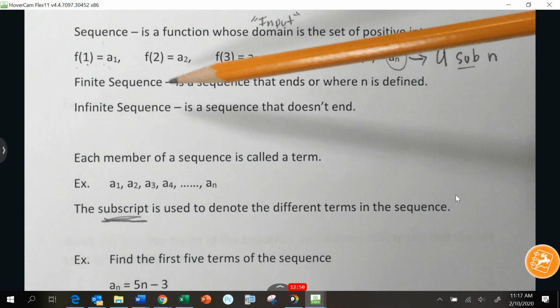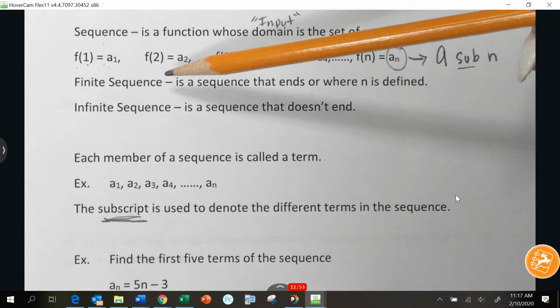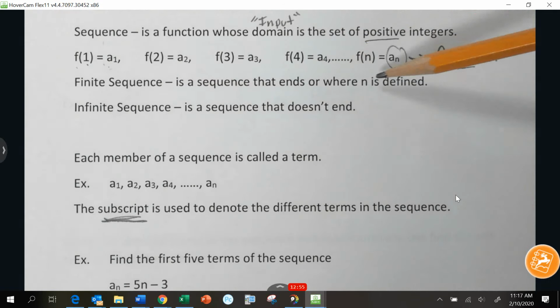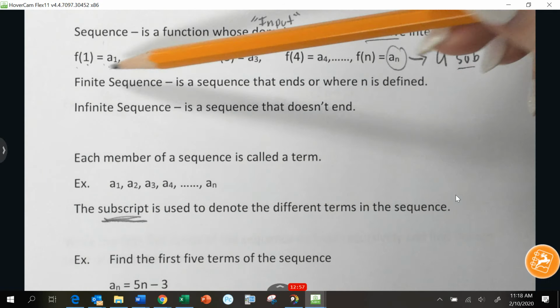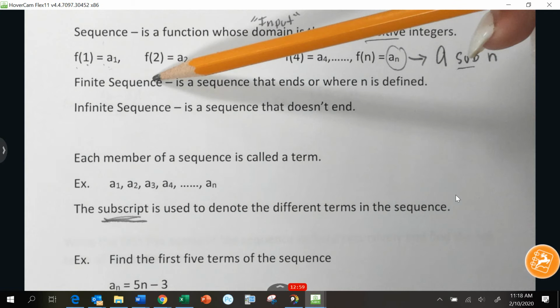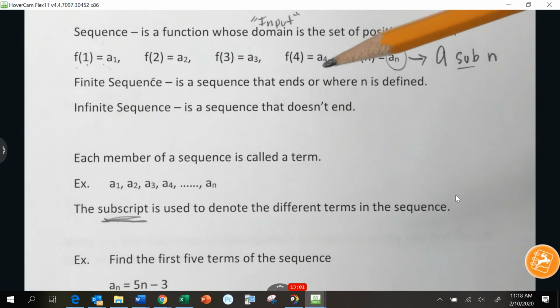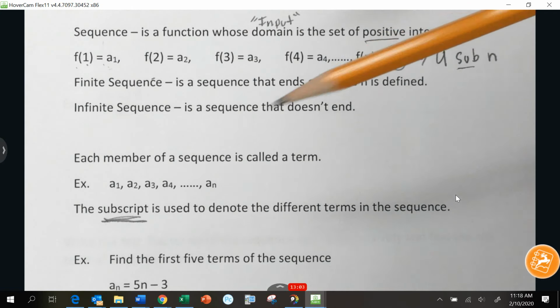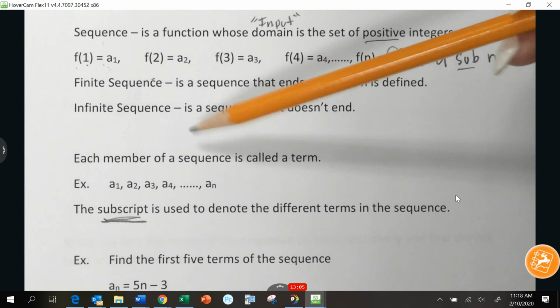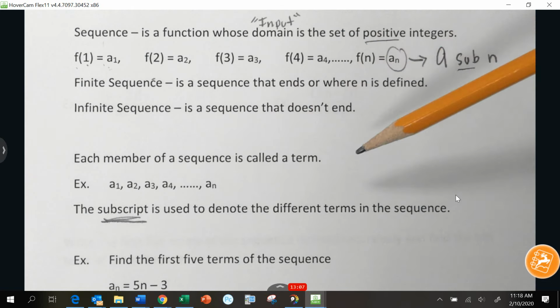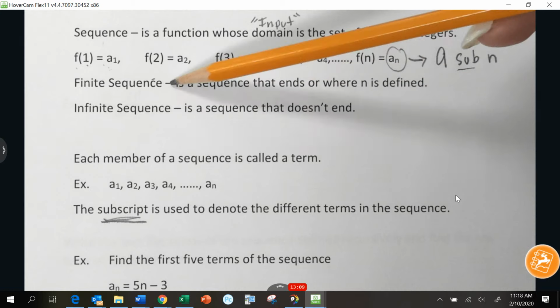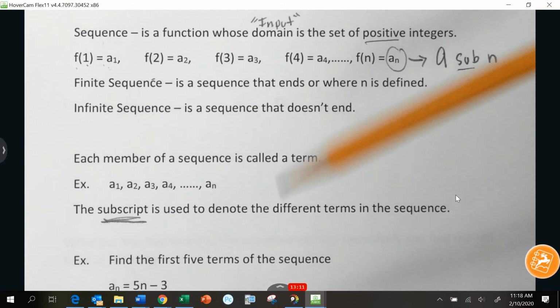I hope you can read this and know the answer without me reading you the definition. A finite sequence is a sequence that has an ending. It doesn't go on forever. An infinite sequence goes on forever. Finite stops, infinite goes on forever.